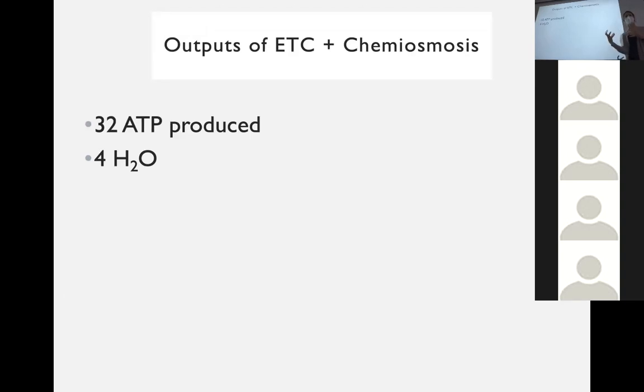So oxygen will grab onto electrons, that combines with some of those hydrogen ions, and you get water as a byproduct. So the outputs of this last step are super simple. You get most of the ATP. That's the take-home message. You get the vast majority of ATP from this oxidative phosphorylation step. And then water. So that's all you get from that last part of respiration.